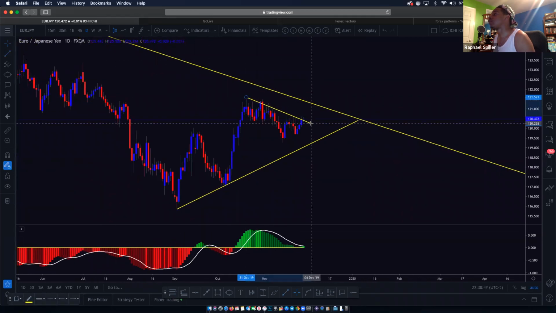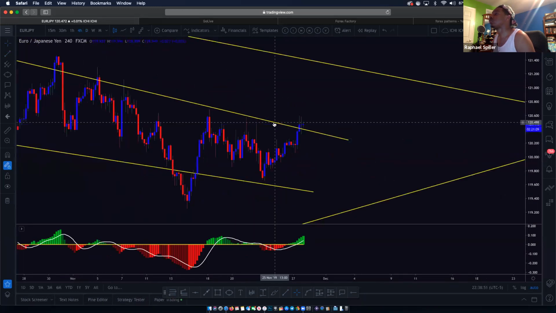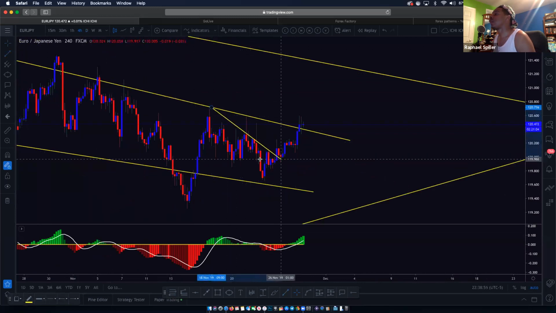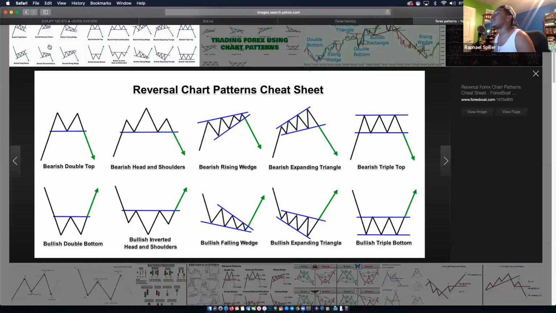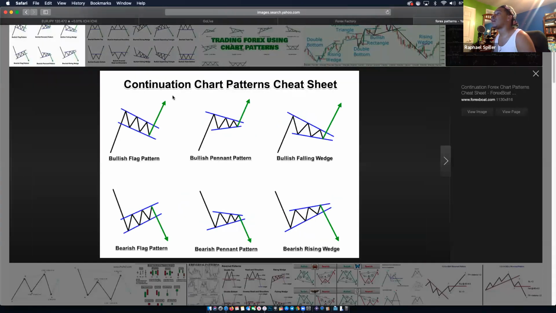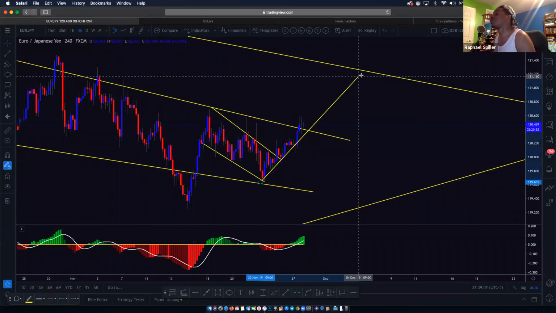We have this correction forming, and it's starting to break out. So we had this flag for everybody. This is the flag right here, bullish flag pattern, indicating that this is going to go up.